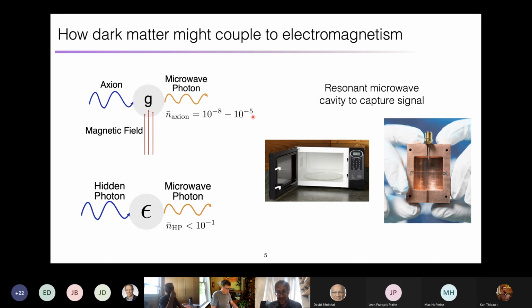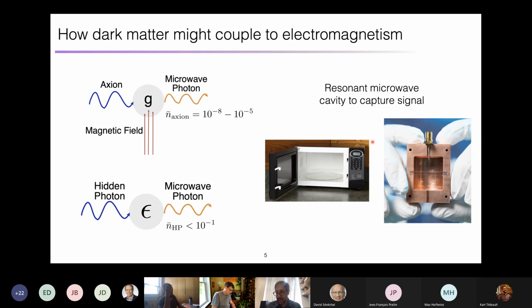And the ambient level of photons would be somewhere in the 10 to the minus 8 to 10 to the minus 5 range for axions. And I think that's probably assuming like a 14 Tesla field or something like that. The bounds are weaker for the hidden photons. They're less than 10 to the minus 1, but could be much lower potentially.